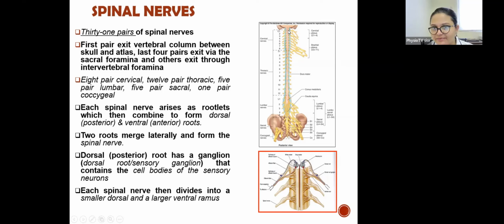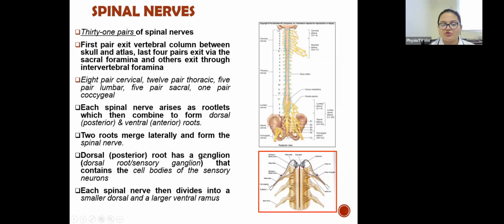Here in the picture, the rootlets combine to form a dorsal and a ventral root. Then the two roots merge laterally and form a spinal nerve.